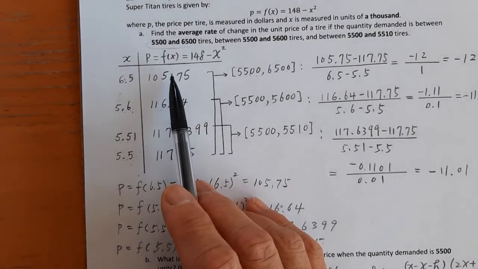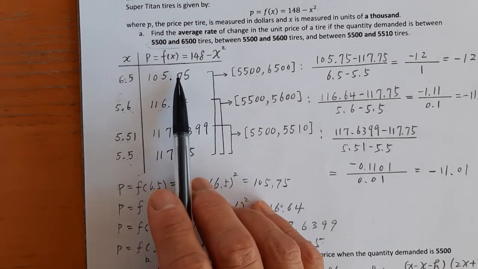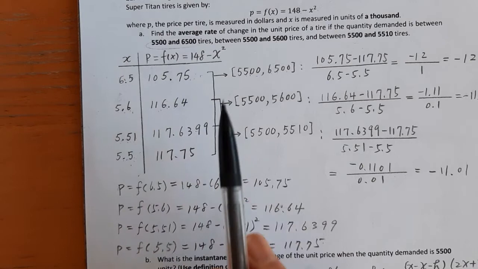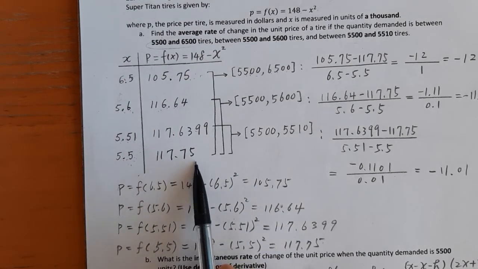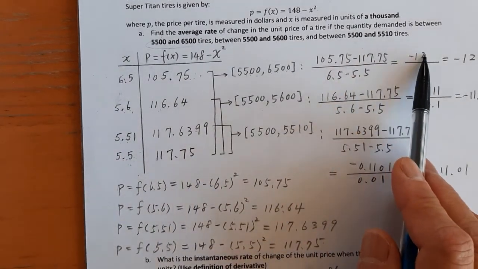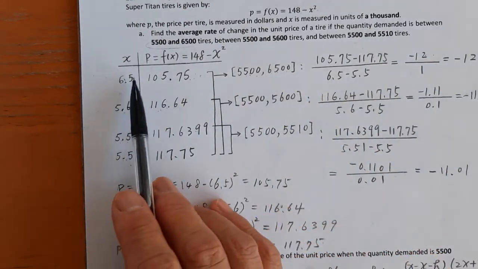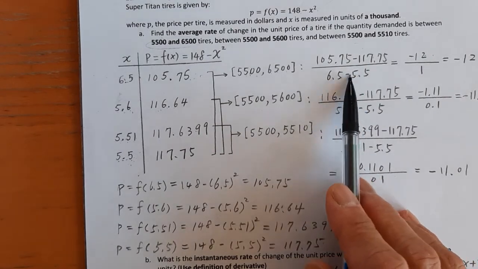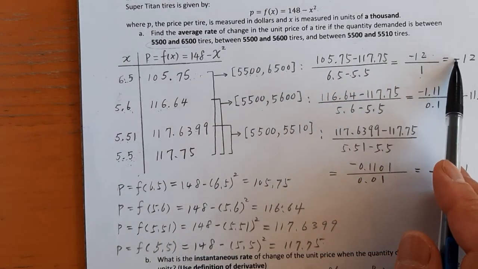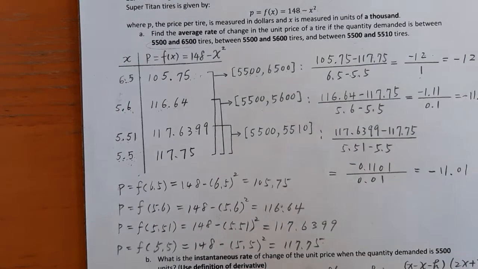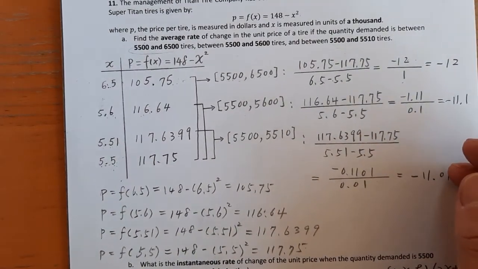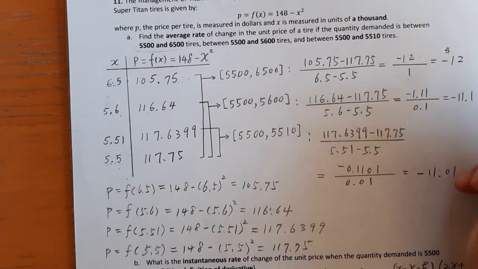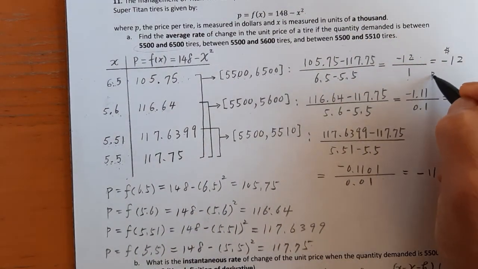The price change is 105.75 minus 117.75, which gives negative 12, over 6.5 minus 5.5, which is 1 thousand. So you get negative 12 over 1. This is a decrease: the price decreases by $12 per thousand.